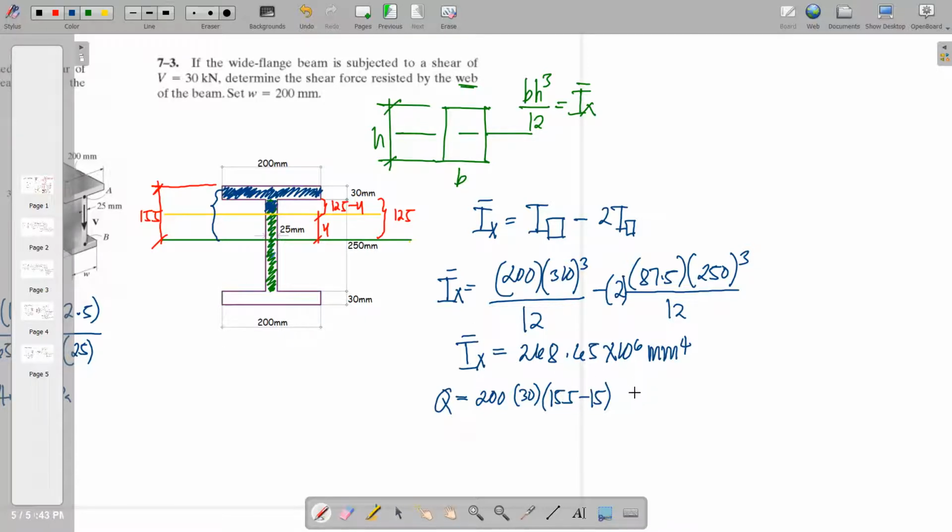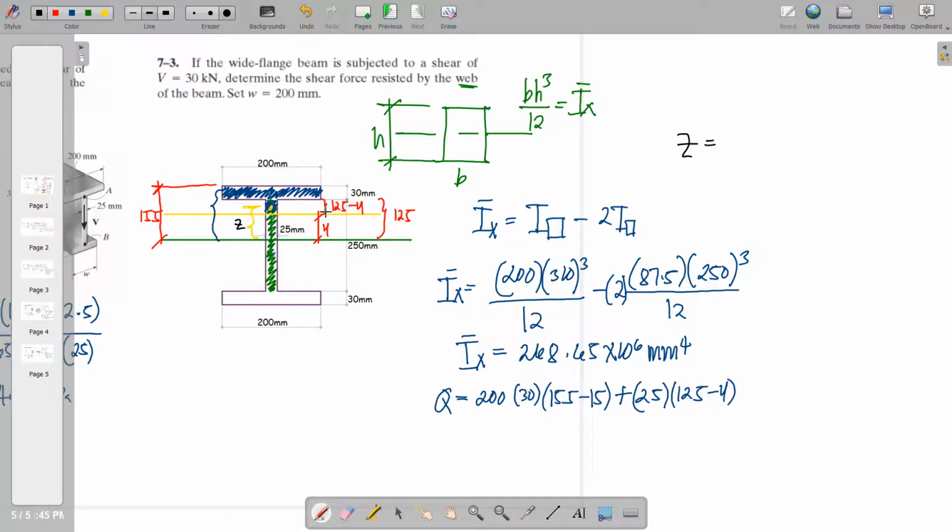Okay, and then of course we add this portion of the web, so plus the base is 25 by the height, which is 125 minus y. Okay, and then the distance of this centroid up to the neutral axis, say I'm going to label that as z for a while so that we can see the calculation.